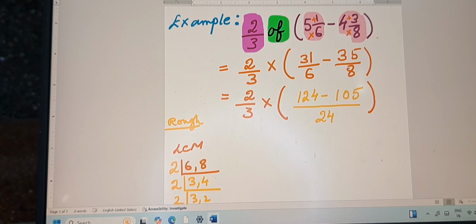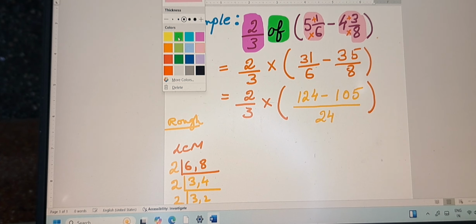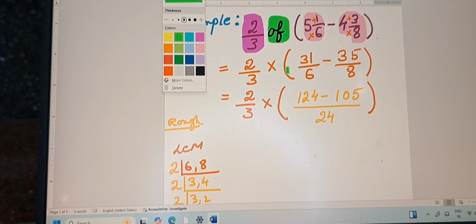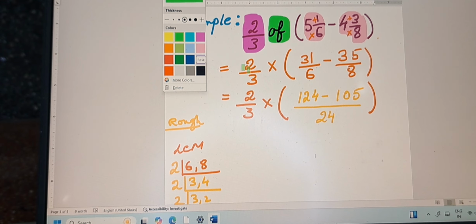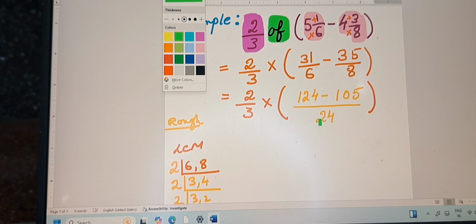Now students, sometimes we get confused about how to calculate the value of these numbers. When we ask 6 how many times 24, it is actually division that is happening. 6 how many times 24? That is 4 times.